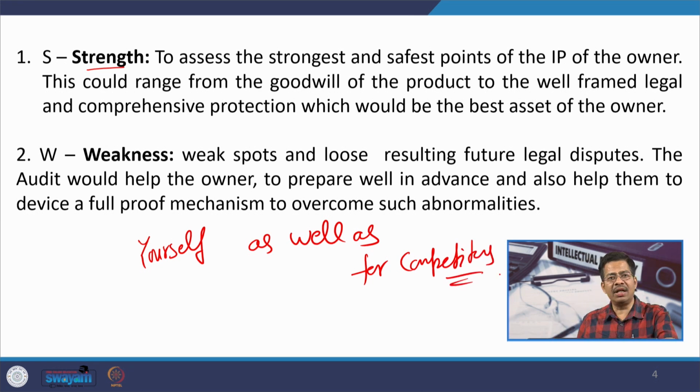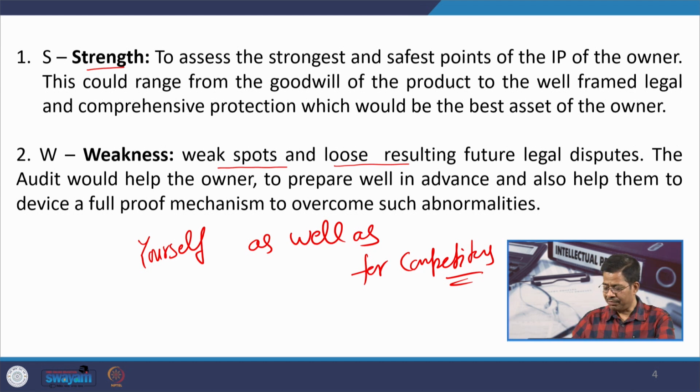So, you can see what type of strengths, strong points, are there, and what weaknesses, weak spots and loose kind of IP, there may be. In fact, I can include the knowledge of your organization also in this IP portfolio at the moment.